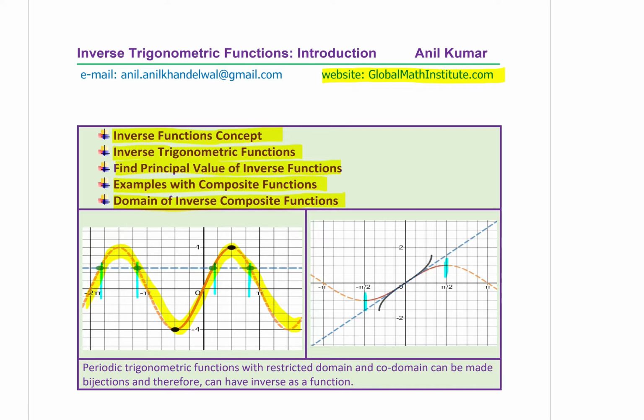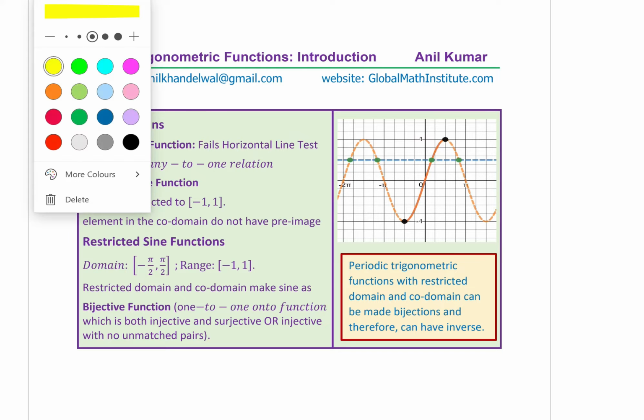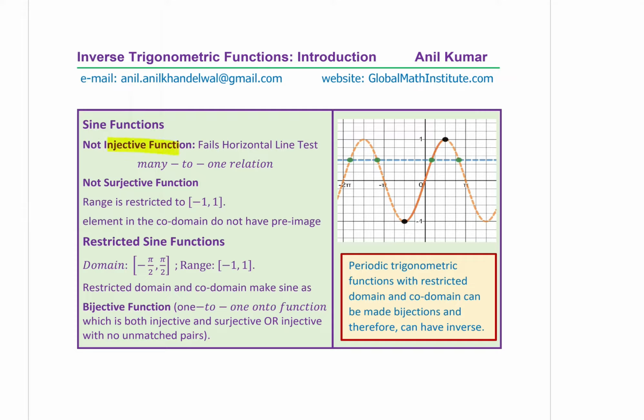So let us begin with what these functions are and get the basic concept of some words which are commonly used in reference to inverse functions, right? One of the words which has always been very confusing is injective function.